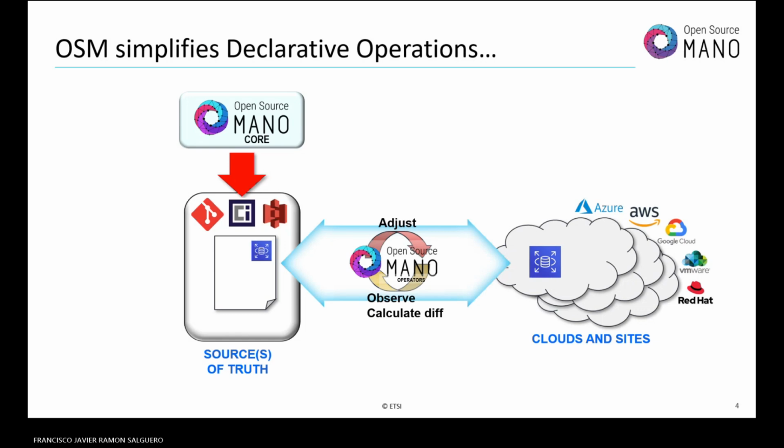And whatever it takes will happen to achieve that desired state in the target cloud. The magic is that in the middle, you will have a Kubernetes cluster. We'll see that later. But the point is that we need to achieve that this synchronization happens effectively from the sources of data to the actual state at the clouds.